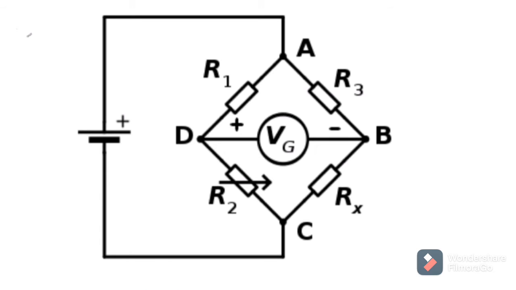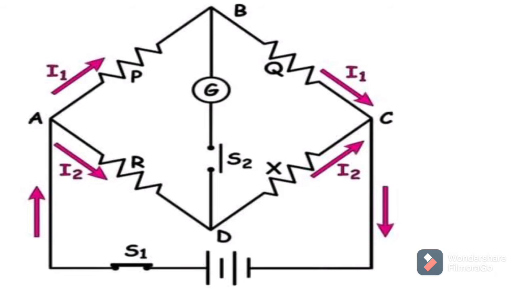So friends, now we are moving on to the working of the galvanometer. The bridge is in the balanced condition when no current flows through the galvanometer, or the potential difference across the galvanometer is zero. This condition occurs when the potential differences across A to C and A to D are equal, and the potential differences across B to C and B to D remain the same.